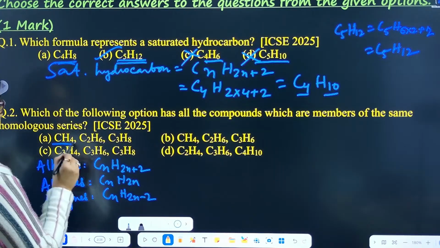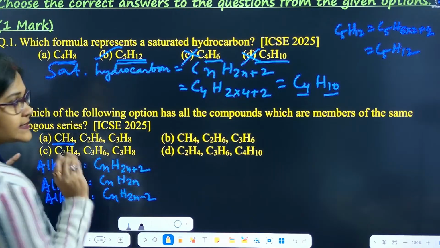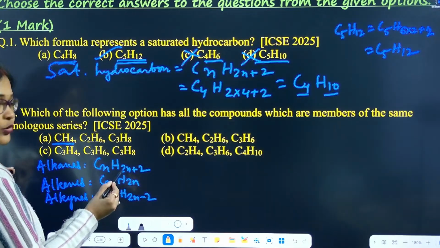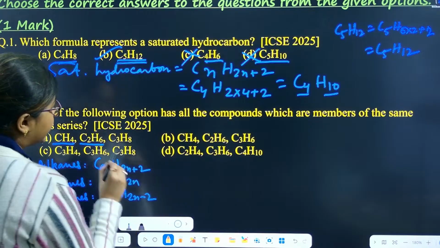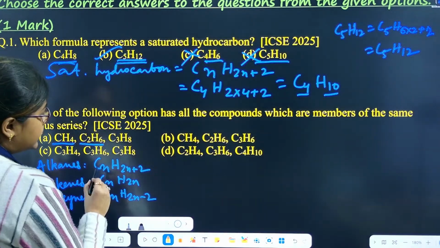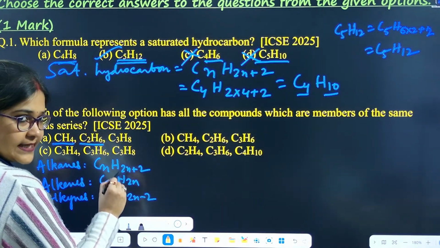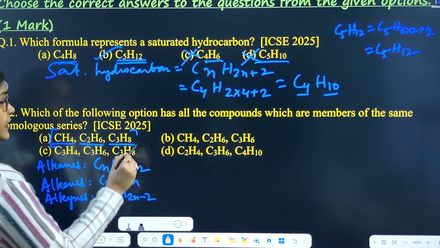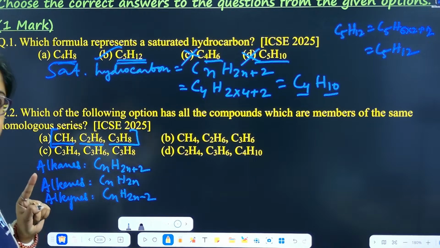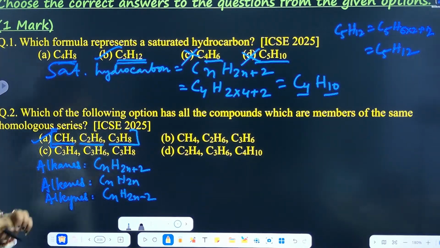That means this is an alkane. C2H6, that means 2 into 2, 4, 4 plus 2, 6. This is also an alkane. C3H8, 2 into 3, 6 plus 2. So this is coming in the same homologous series. So this is the correct option.